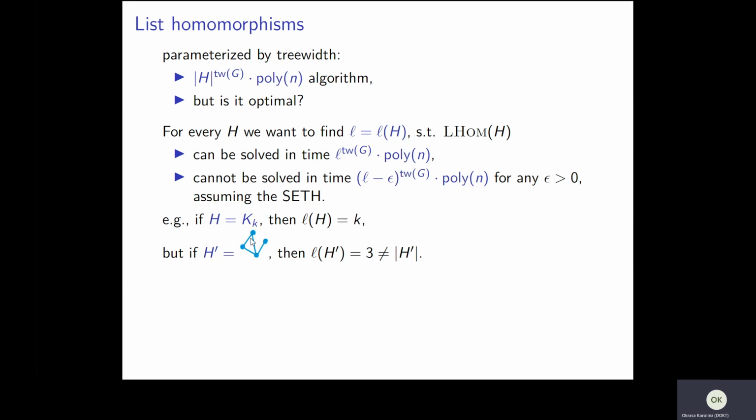So for every instance which has lists of size 4, we can find in polynomial time an equivalent instance which has lists of size 3, just by removing this vertex from the list. And on the other hand, since this graph has a triangle, then from the previous case with the k-clique it follows that this L must be at least 3. So this is equal to 3, and this is not the number of vertices of H prime, right?